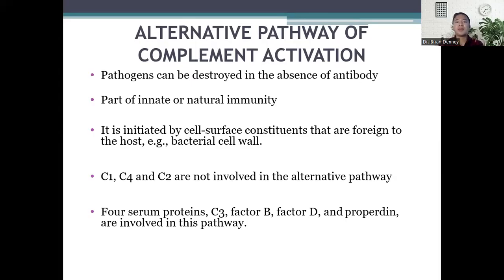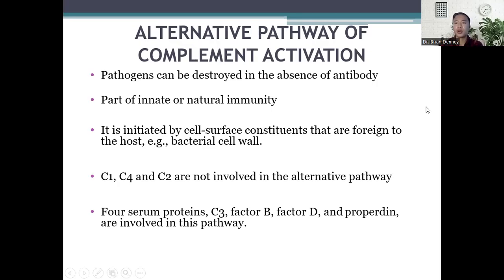If you can still recall from my previous lecture, the alternative pathway is a complement activation pathway that is activated only when there is exposure to cell surface constituents. These cell surface constituents are unique to foreign cells or invading organisms.